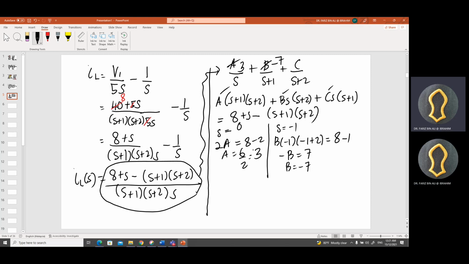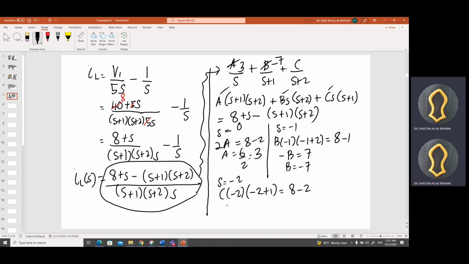Alright? And C. So you can choose one more value. What value do you want to choose for C? Of course, minus 2, because A will be gone, B will be gone, then C times minus 2 plus 1 equal to 8 minus 2. Then the other part will be gone.